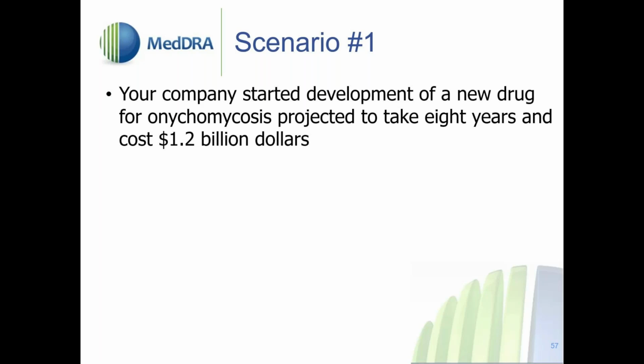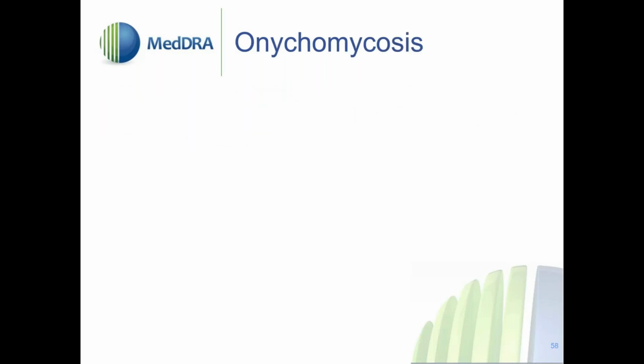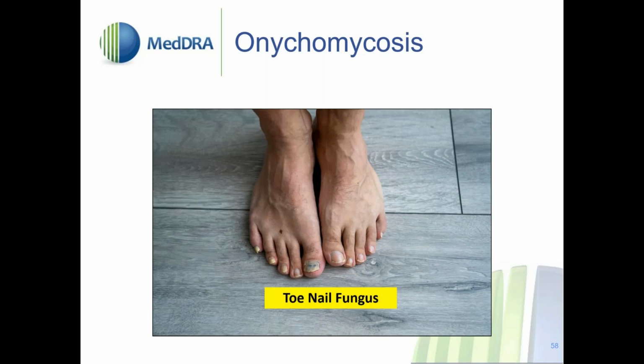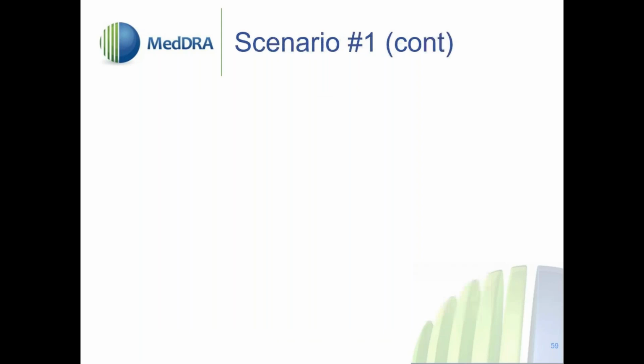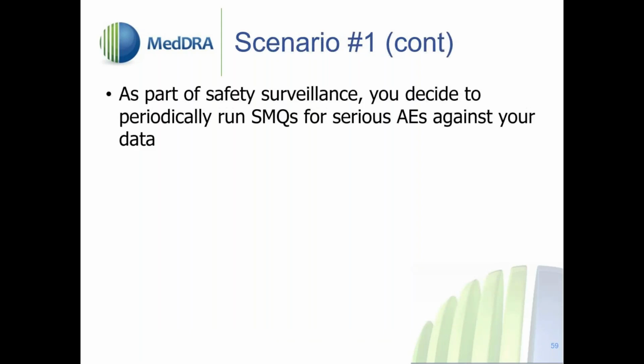The projection is that this will be an 8-year project and a total cost of $1.2 billion. So a lot of money involved here. And for folks who are doing benefit-risk assessment, or risk-benefit assessment, I should say, the first question is, well, what are you trying to cure? You're trying to cure toenail fungus. So that's onychomycosis.